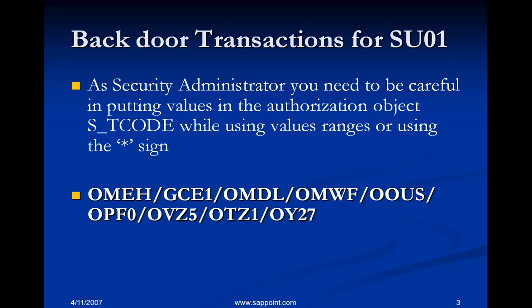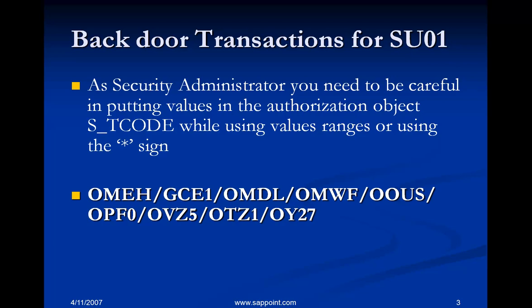Now, when you build roles and enter the transaction codes into the role, the object S_TCODE automatically comes into the role, and it contains the transaction codes that you assign in the role. Those transaction codes that you put into the role become values for S_TCODE.